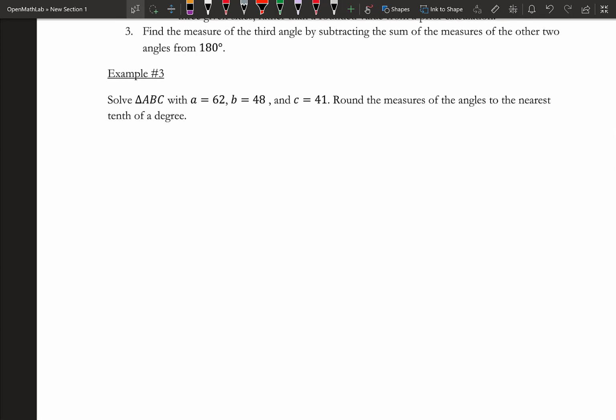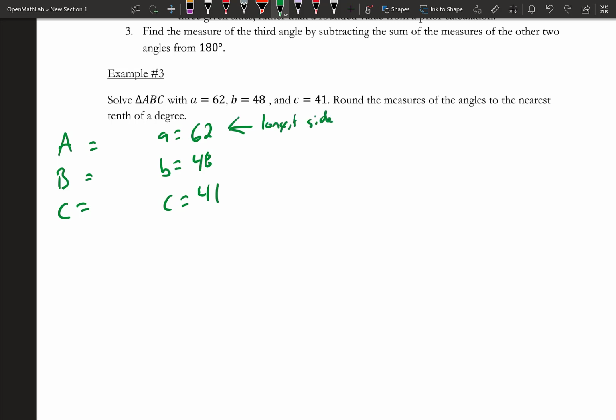So example 3. What we know is that A is 62, B is 48, and C is 41. So this is the longest side. So I want to find A first, using the alternate form.